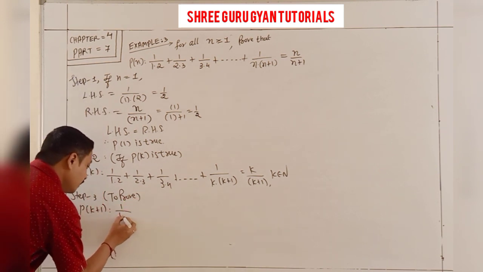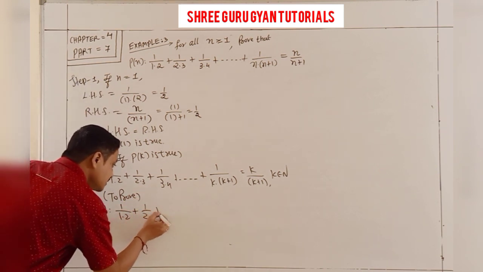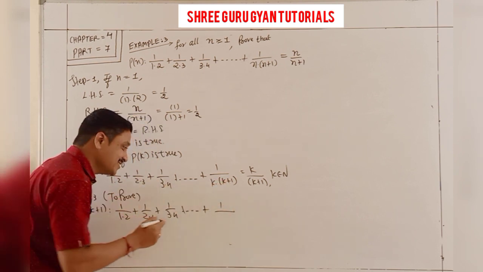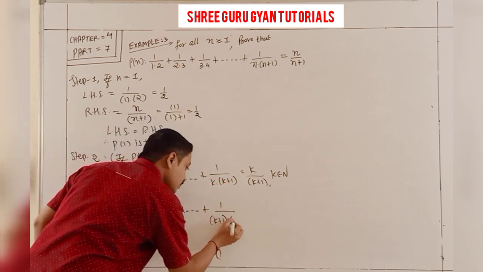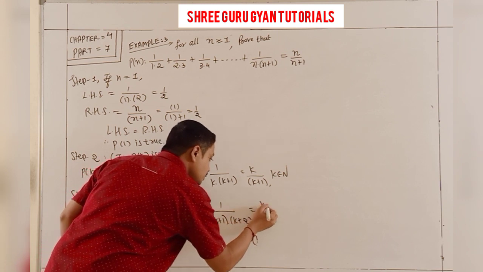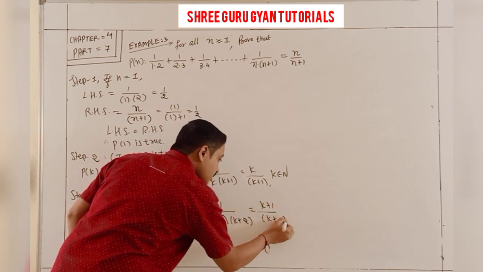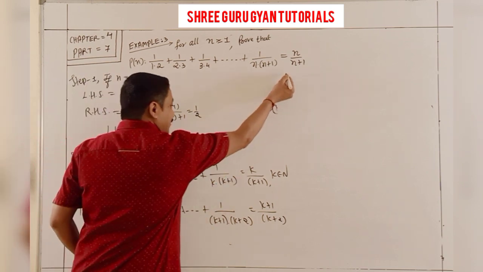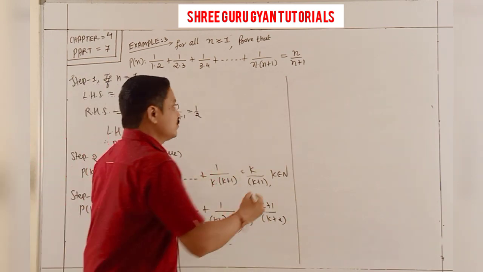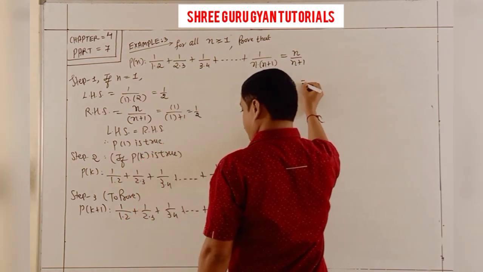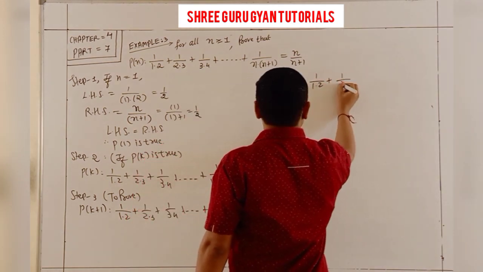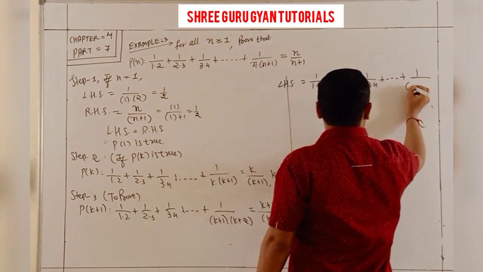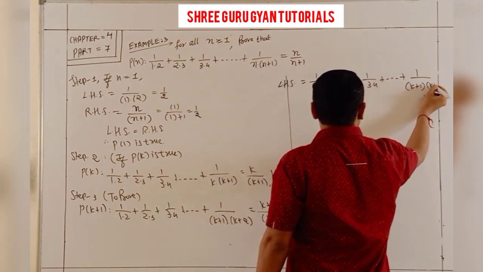So here 1 upon 1 into 2, same, write down. Here the change: 1 upon k plus 1, k plus 2 is equal to k plus 1 upon k plus 2. Now I am going ahead with the LHS, our left hand side part. What's my LHS? These are the same calculations. I just write down the terms up to 1 upon k into k plus 1, and then 1 upon k plus 1, k plus 2.